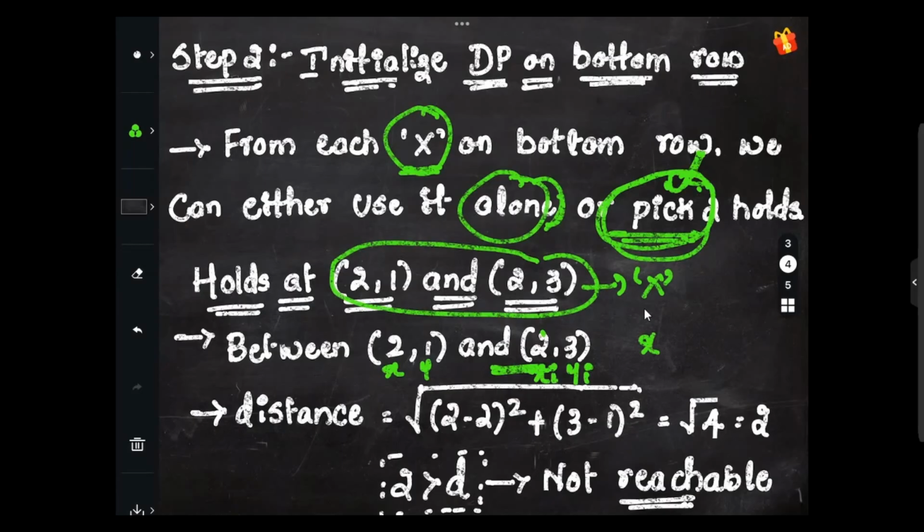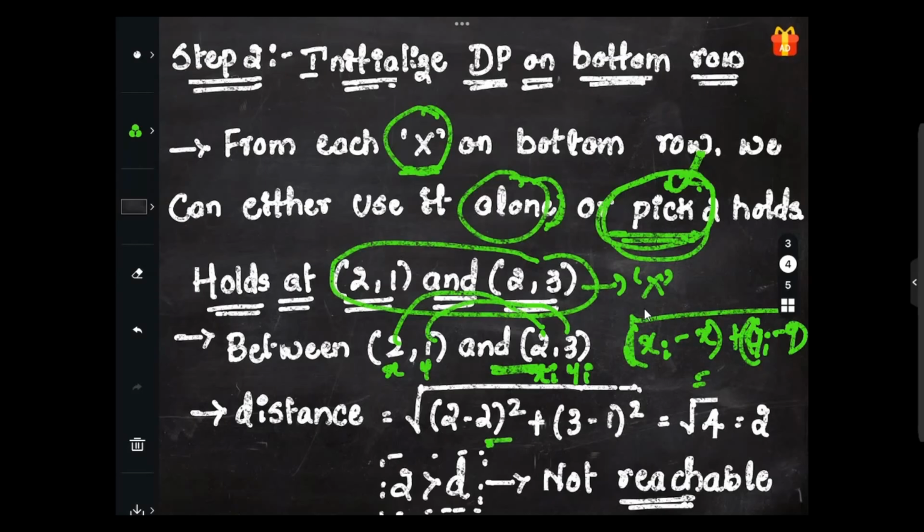The formula is the square root of (xi minus x) squared plus (yi minus y) squared. We know this to calculate the distance, right? So this will be 2 minus 2 whole squared plus 3 minus 1 whole squared.